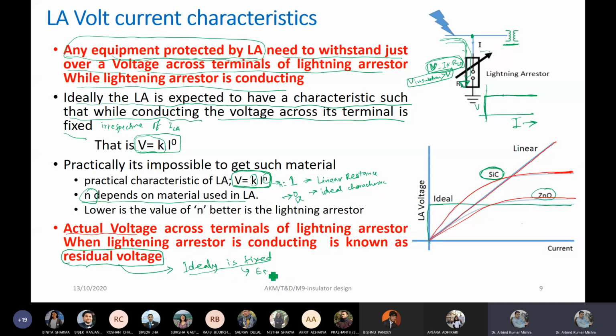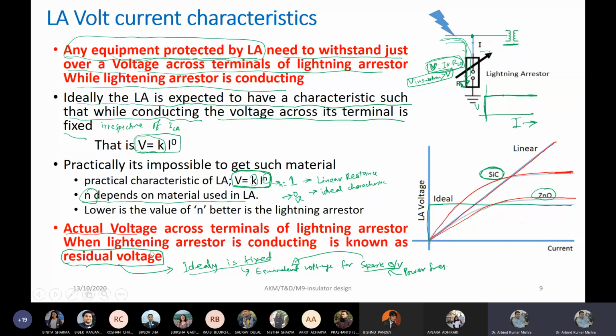So this is the ideal characteristic. How much is this fixed value? It is the equivalent voltage for the spark over voltage. Why I am saying equivalent is that the spark over voltage we have just defined is in terms of power frequency, and naturally an insulator will spark over at a higher voltage with high frequency. But practically, these voltages may slightly increase with the current, as you can see.